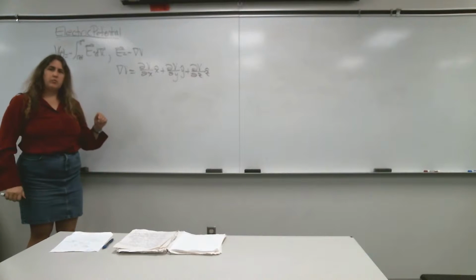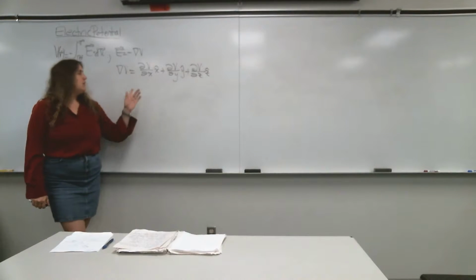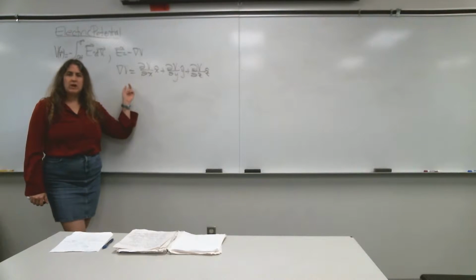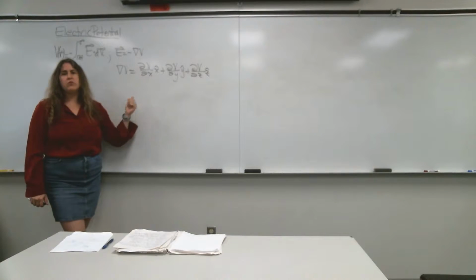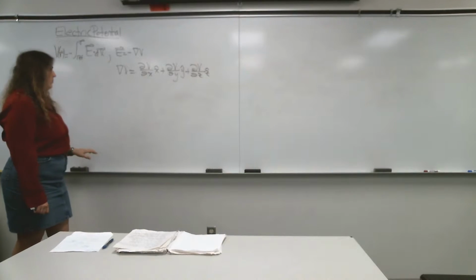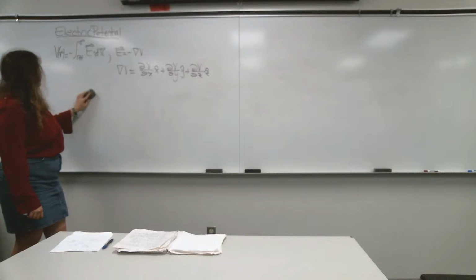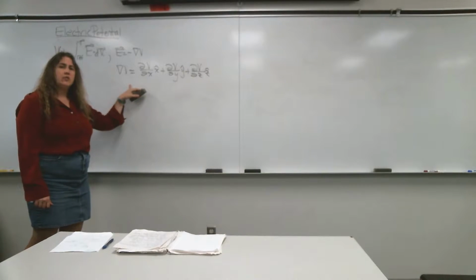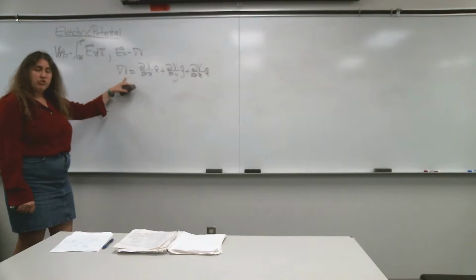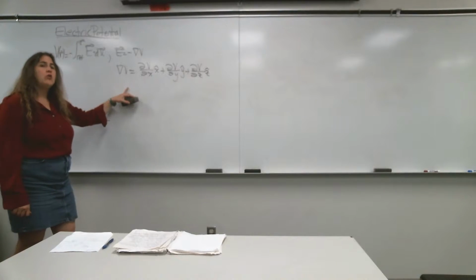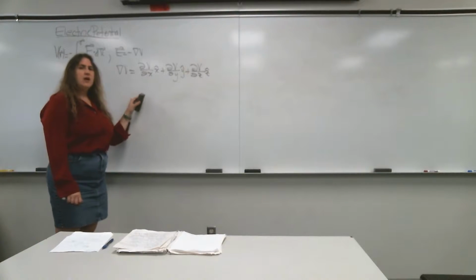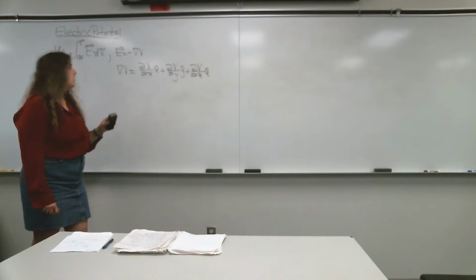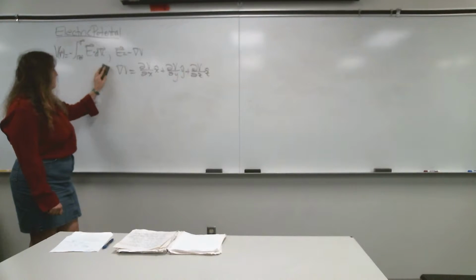Look at the spreadsheet that I posted to see the gradient in spherical coordinates and also for cylindrical coordinates as well. And once again, the meaning of this is that the gradient tells you the rate of change of a scalar quantity and also the direction of the maximum rate of change of that scalar quantity.